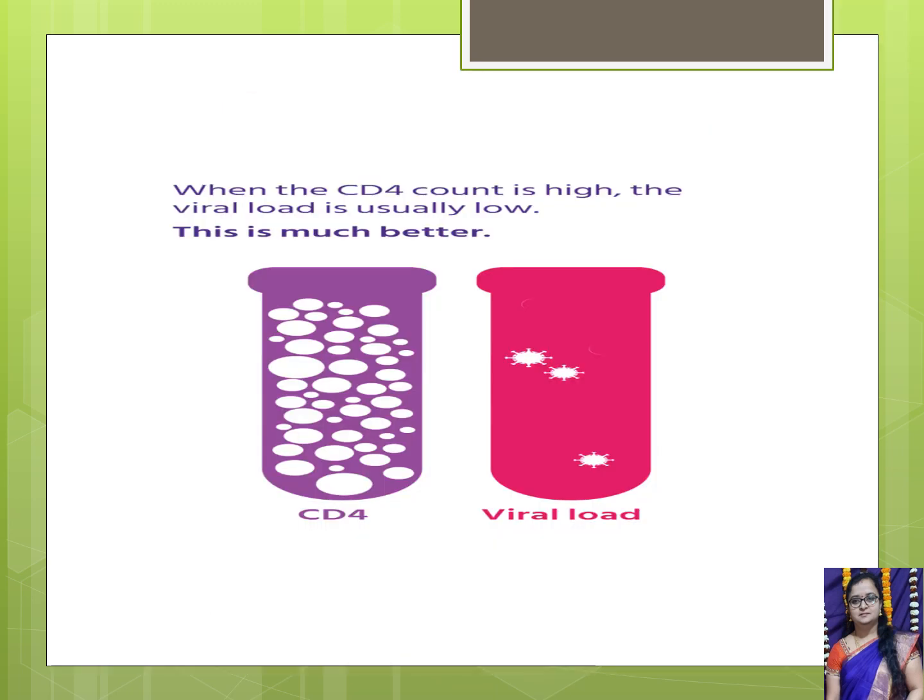Here, if you have observed, the CD4 cell count is more and the viral load is very less. So here, as the CD4 count is more, the virus hides itself. So there are very less chances to detect the virus at this stage.